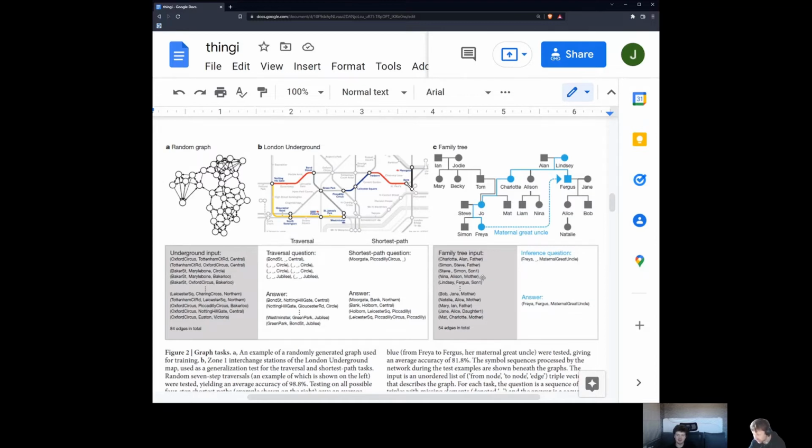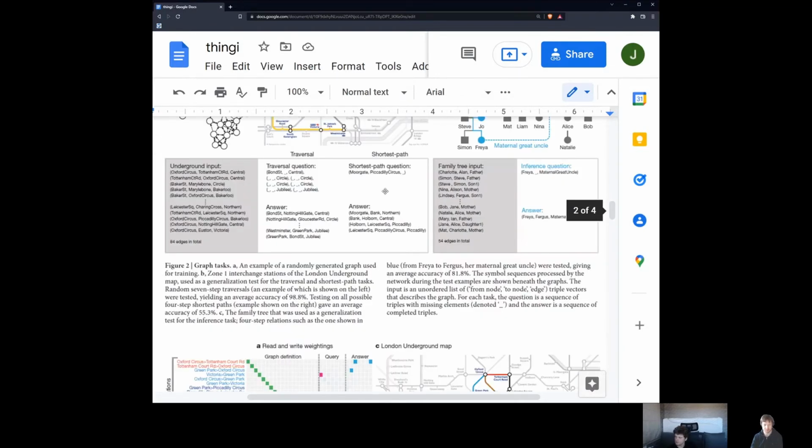They probably have, I mean, most of it is a natural language processing task. But no, it's encoded in some obvious way, like father of father, mother of father of mother of brother of something. So then they find who is Freya's maternal great uncle.